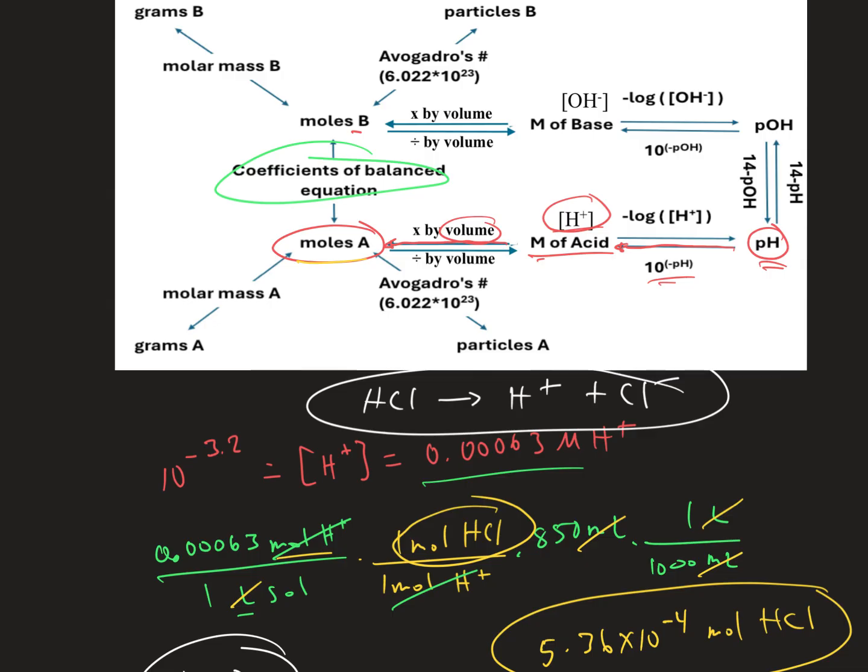But essentially, we can go from moles of our base all the way to moles of our acid this way. Now, that's a long way, but we could, right? Definitely, if you have a balanced equation, use it. It's way easier, right? Good? How are we feeling?